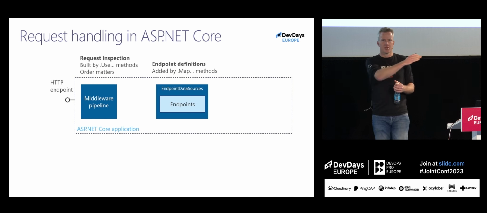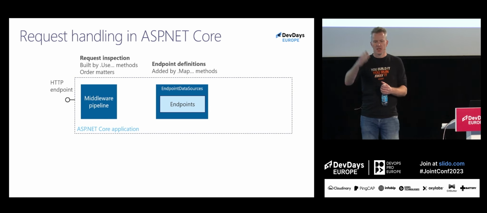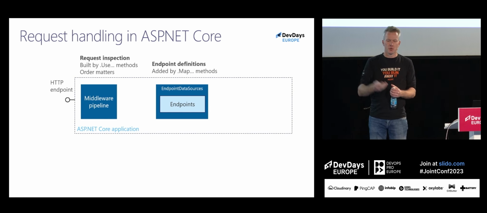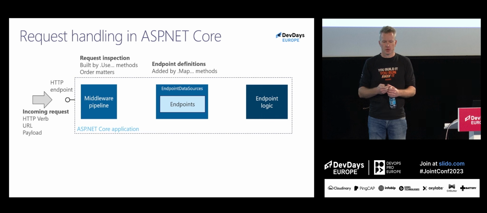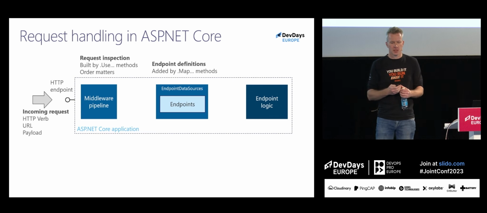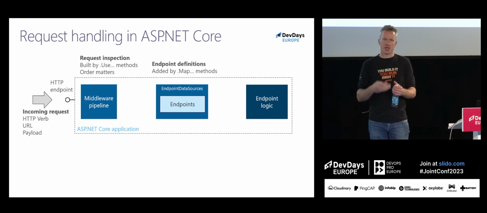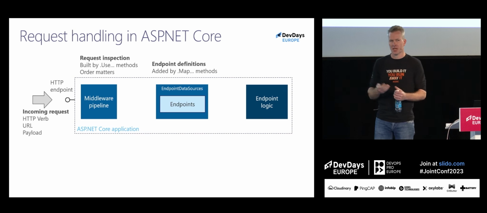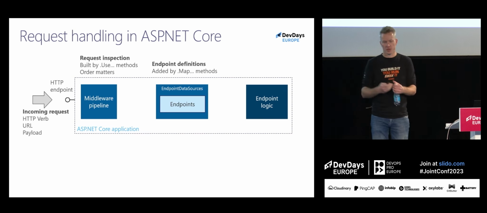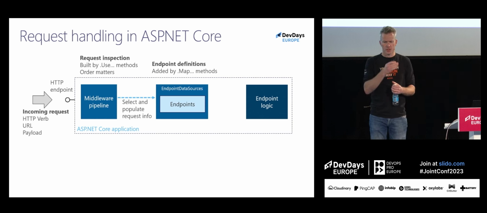But let's say that the middleware is all okay, and you go to the defined endpoints, and then finally you want to execute the endpoint logic that's behind the endpoints. So this incoming request has a particular verb. It has a URL, so it does some pattern matching on the URL, and it has a payload in the body, for example. So the middleware eventually will find out this is the endpoint that we need to go to, and the endpoint dispatches it to the endpoint logic.